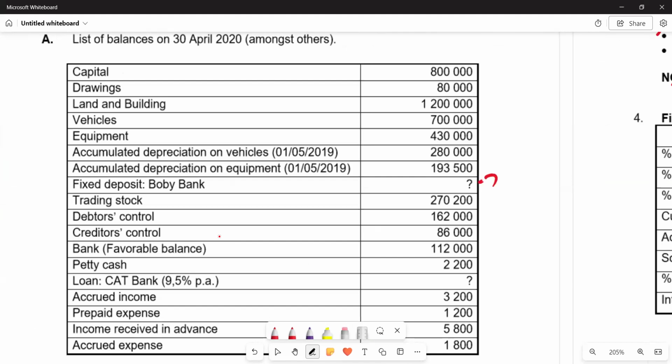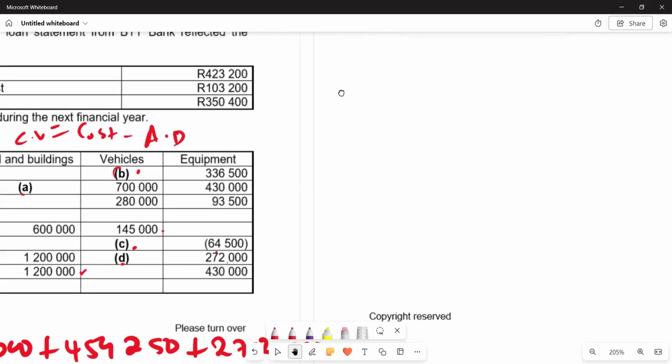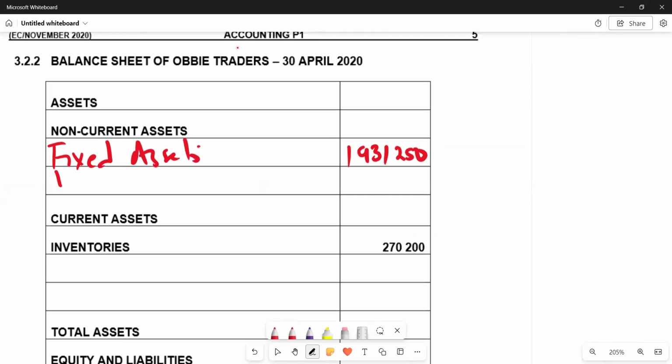So if it's a question mark, it means we are going to find it as a balancing figure. So for now we can leave it blank, and then we just put the description of our financial assets. So here we are saying financial assets are represented by the fixed deposit.